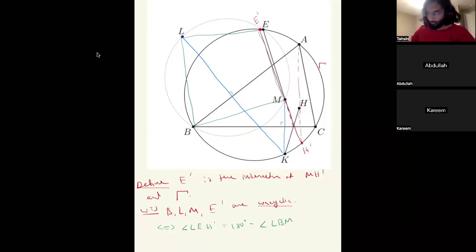Do you guys see how to calculate this angle LBM? Okay, so actually, do you guys understand what I'm doing right now? Like why?